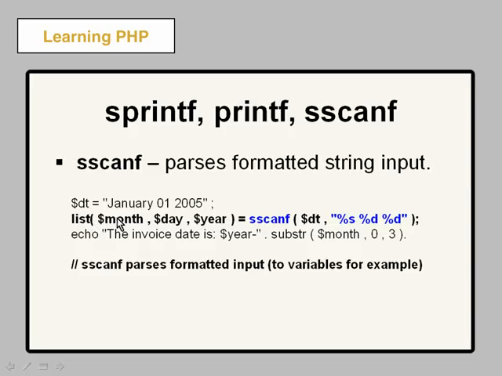List, open paren, and then your comma separated list of variables, close paren, and then the equal sign, and then the sscanf function here. And that's going to actually create these variables. It's going to fill them up, and it's a nice way to bring in information into our variables in a formatted way. Very nice. So that's the difference between sprintf, printf, and scanf.